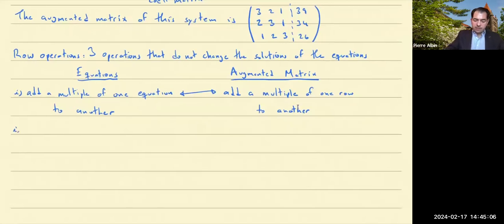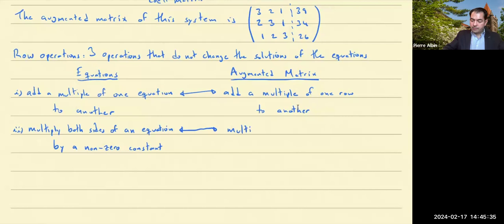The second thing that you might do is multiply both sides of an equation by a non-zero constant, or equivalently, at the level of the augmented matrix, multiply a row by a non-zero constant.